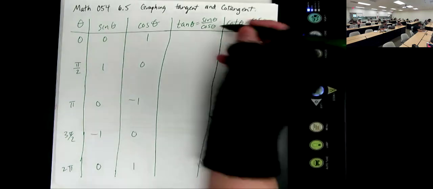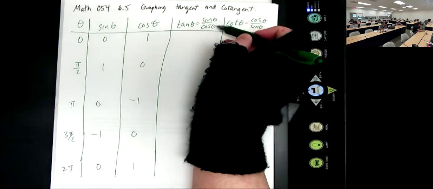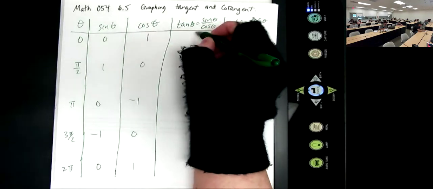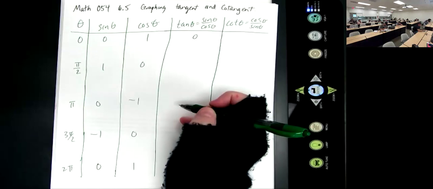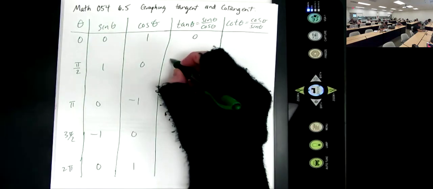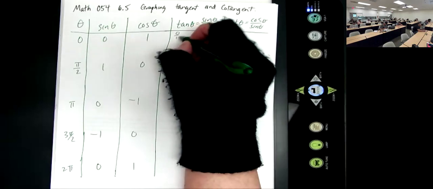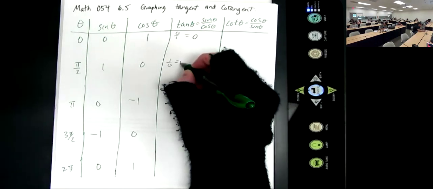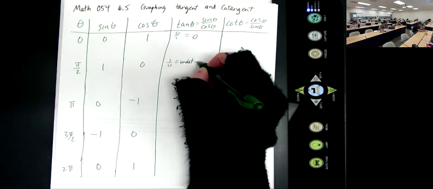So if I look at tangent theta, it's sine over cosine. 0 over 1 is 0. Sine over cosine for pi over 2, 1 over 0 is undefined. This is going to be an asymptote.